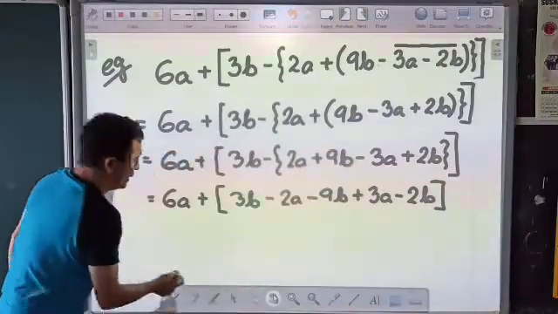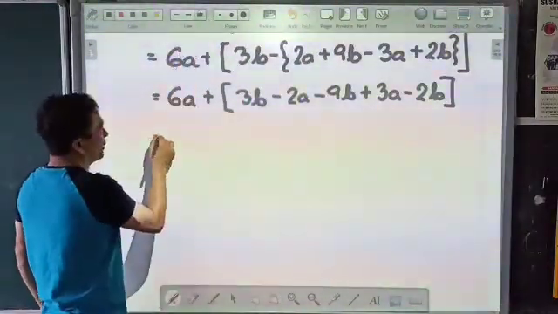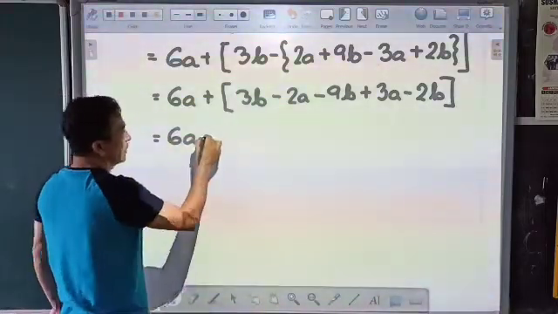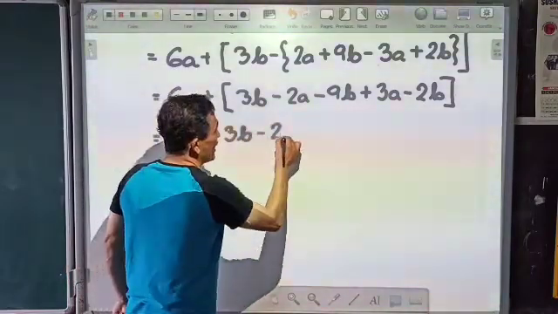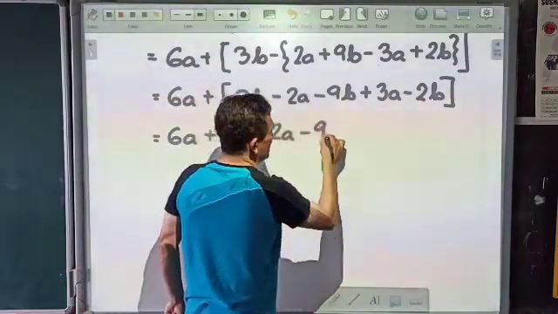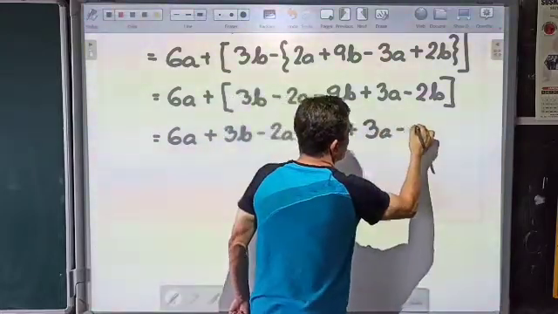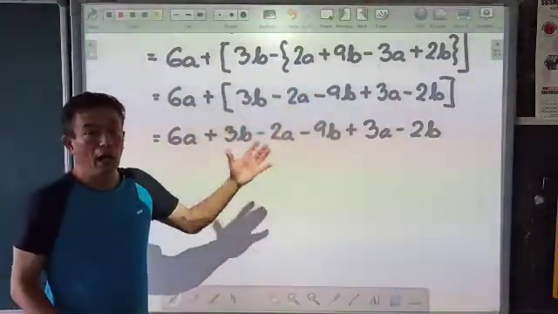Next one, I have the box bracket to work with. Outside the box bracket, I have a plus sign. So signs don't change. So this remains as plus 3b minus 2a minus 9b plus 3a minus 2b. All the brackets are out now.